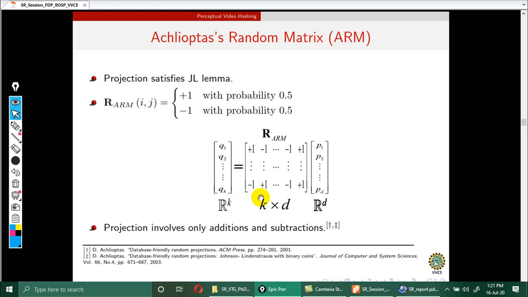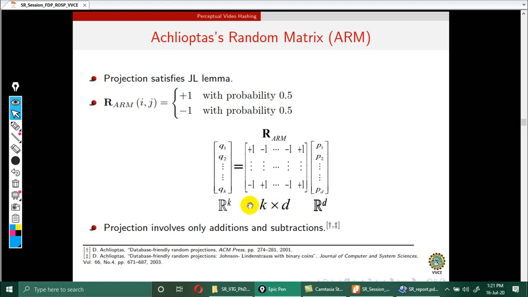When I say it satisfies the JL lemma, suppose you have a vector in high dimensional space R^d. I use a transformation or projection matrix to get a vector in lower dimensional space. Remember, P1, P2, up to PD is a point in high dimensional space. The matrix dimension is k by d, and the vector is d by 1.